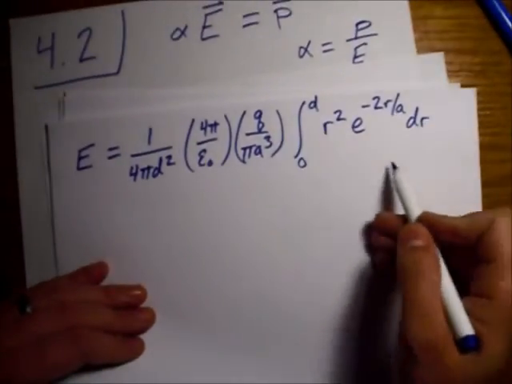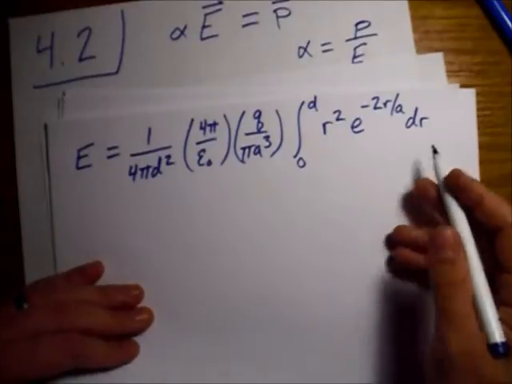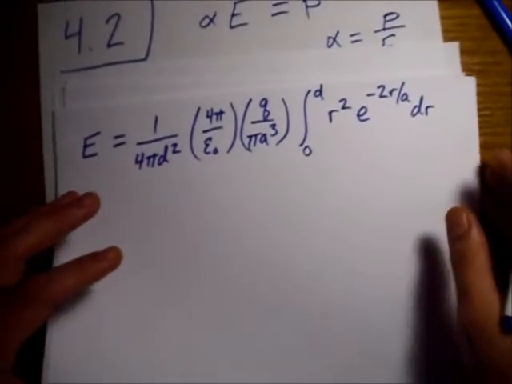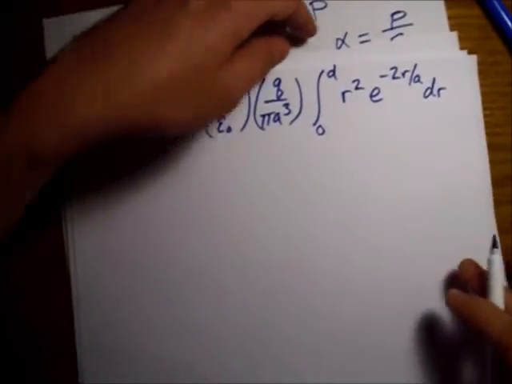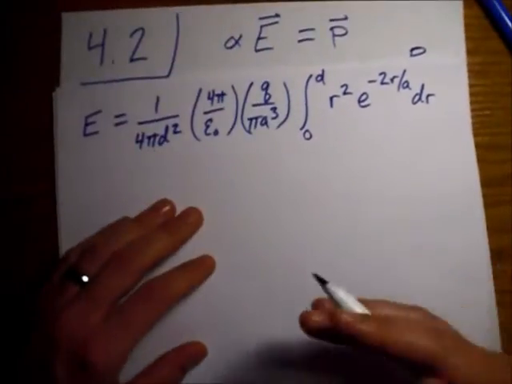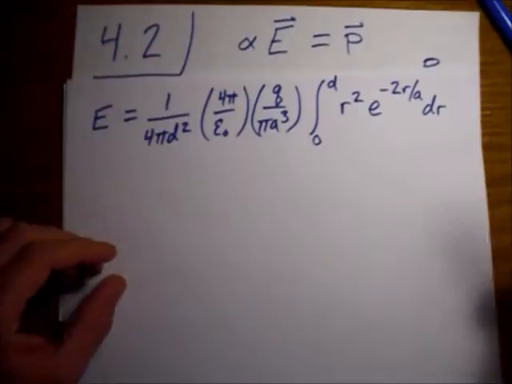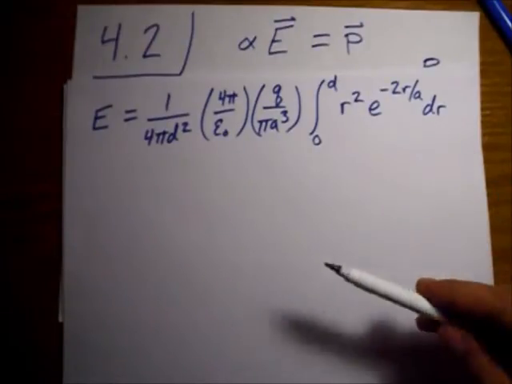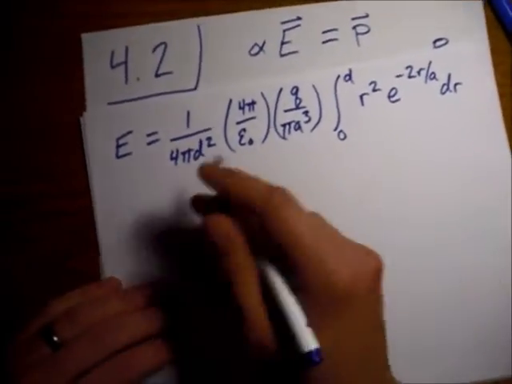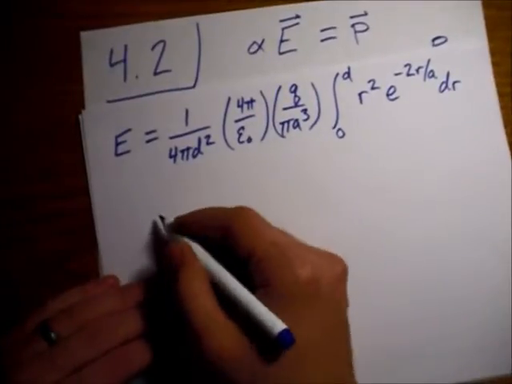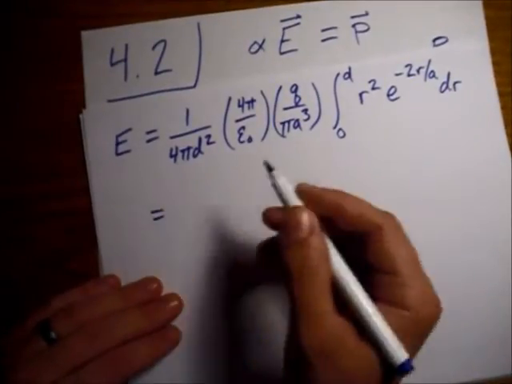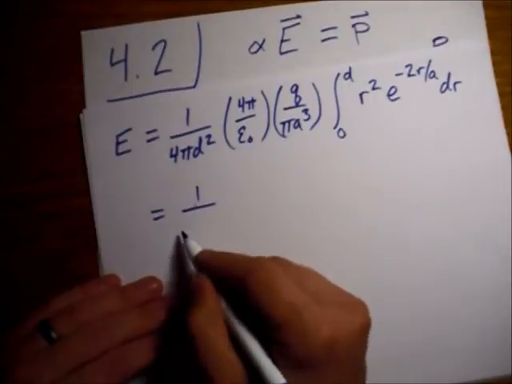This integral can be done by integration by parts. I'm going to go ahead and do that. There's also nifty formulas you can look up where you just match up the parts. So skip ahead if you've got the integration by parts down. It's just good to review it once in a while. For now, let's write this out.